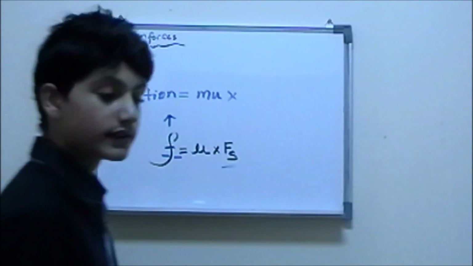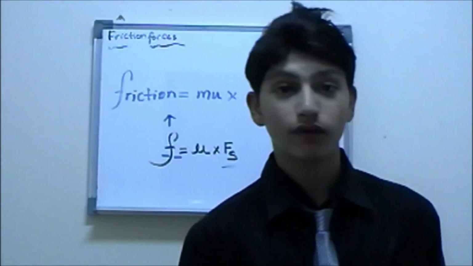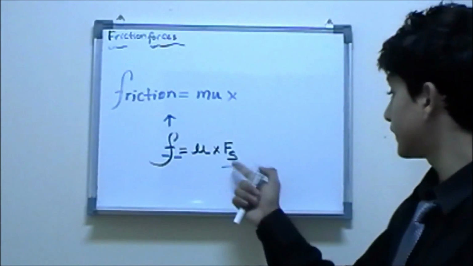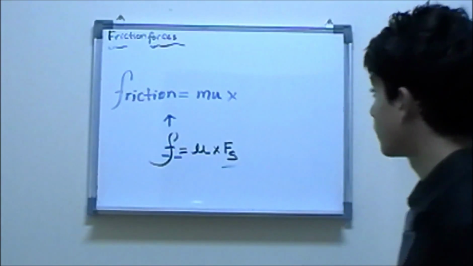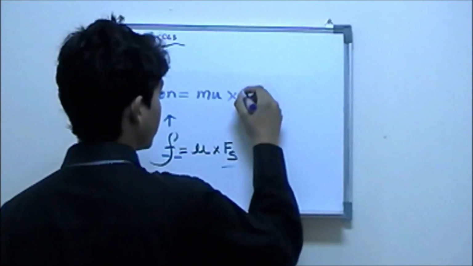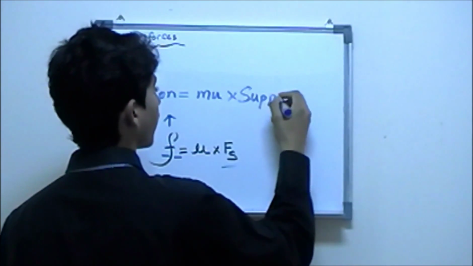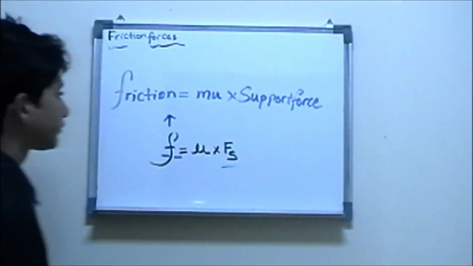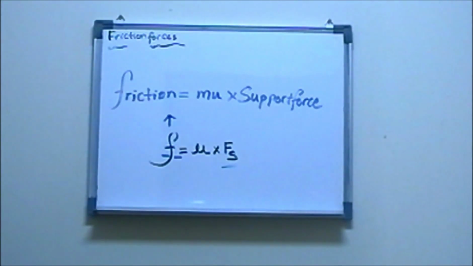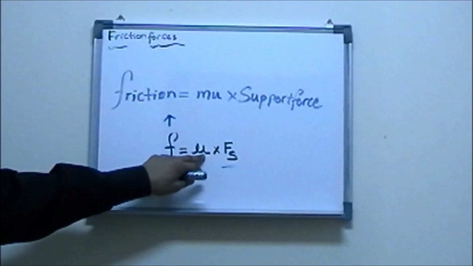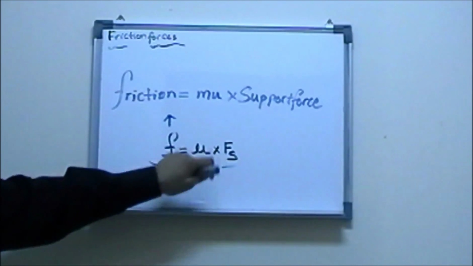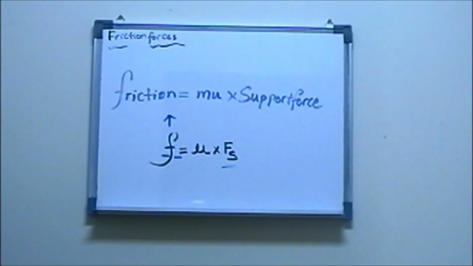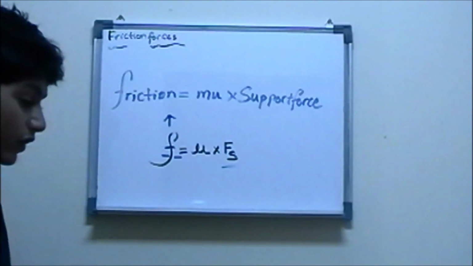Fs is support force. F stands for force, as we all know, and S stands for support force. So friction is equal to the coefficient of friction times support force, and the coefficient of friction is the mu.